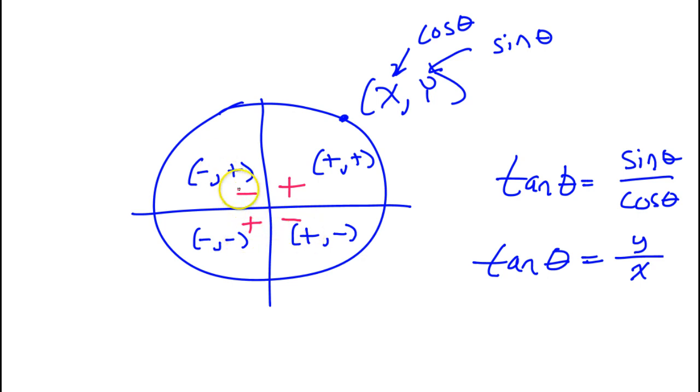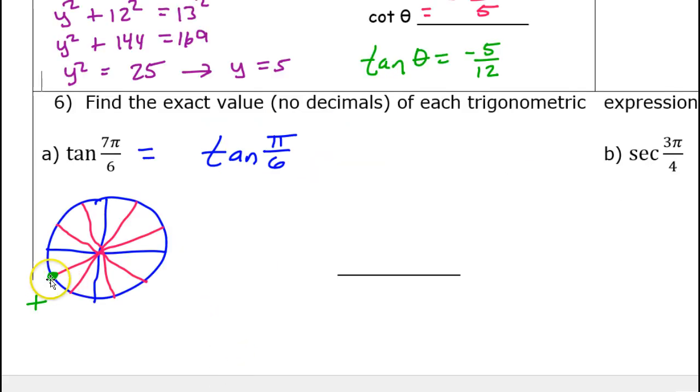Tangent is negative in the second and fourth quadrants. So going back to our actual problem, that's why I know that tangent is positive here in the third quadrant. Okay, so I don't need a negative sign. So all I really need to know is what is the tangent of pi over 6.